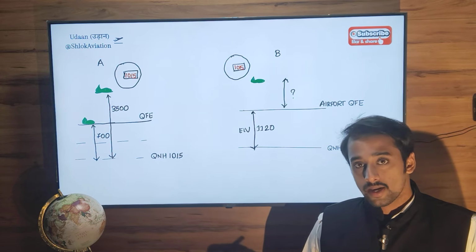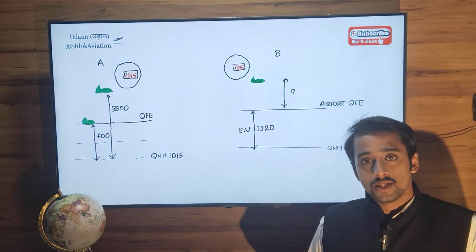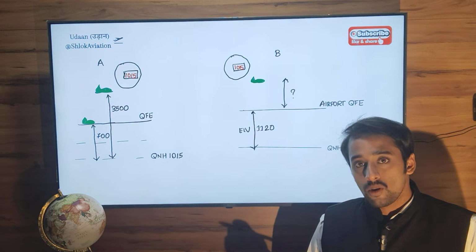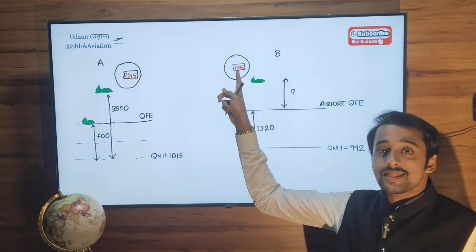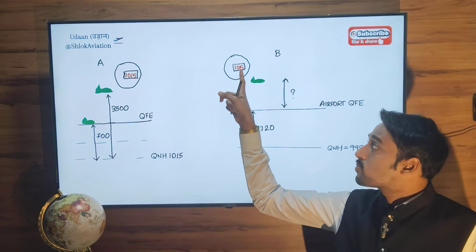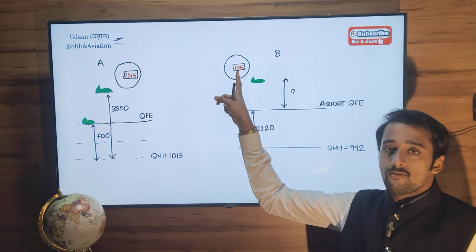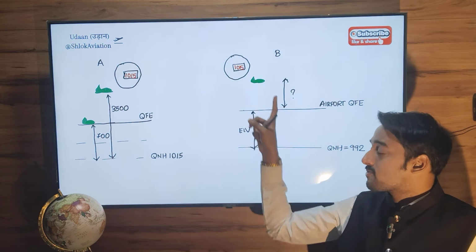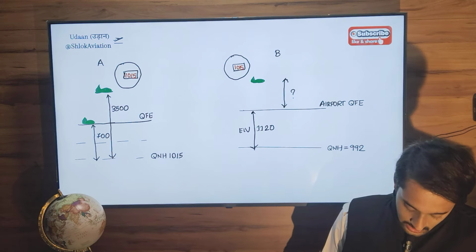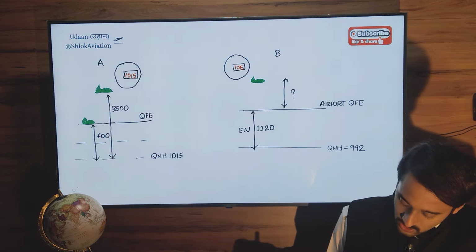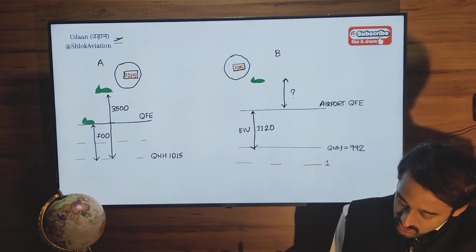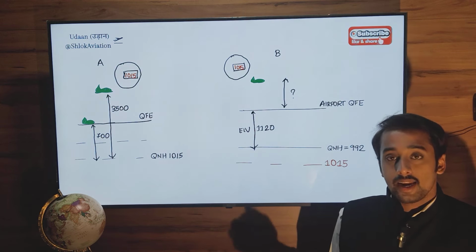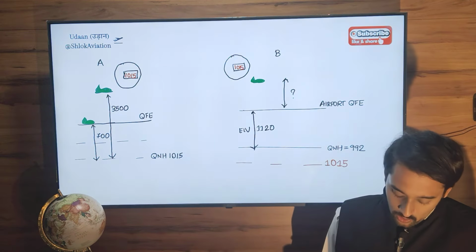But if you don't do that, your altimeter will keep on showing the altitude or vertical distance from the pressure datum that you have put in this subscale. So if you have put 1015, all your vertical distance or altitude will start from the 1015 pressure level. Now in this case, the 1015 pressure level will be somewhere here, and it will show vertical distance from 1015.